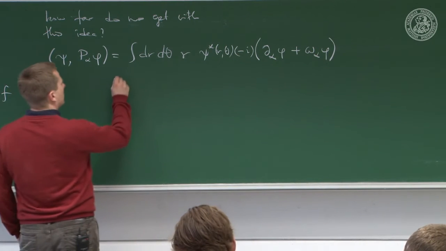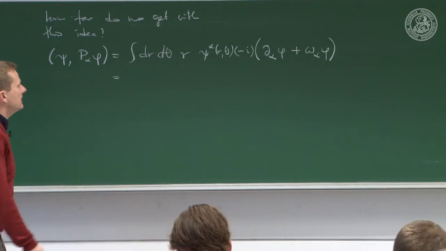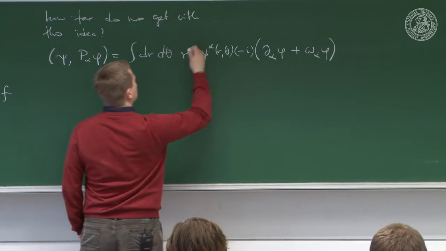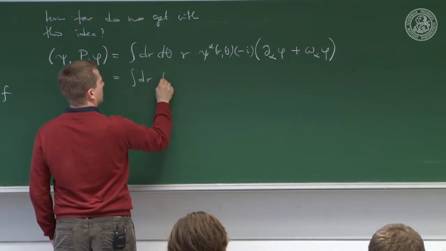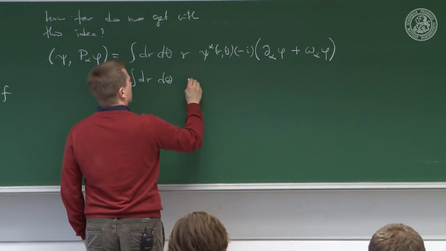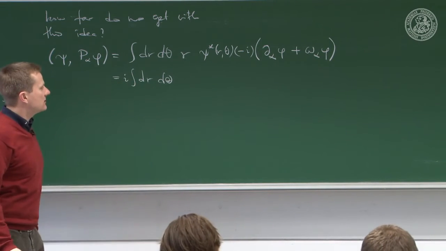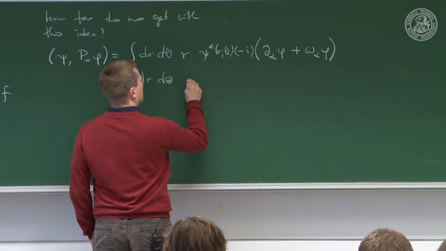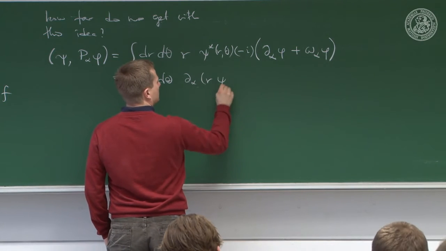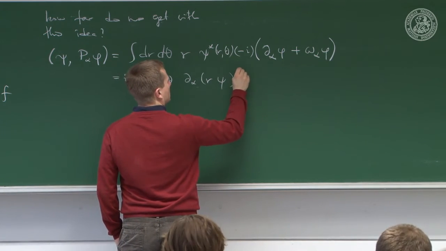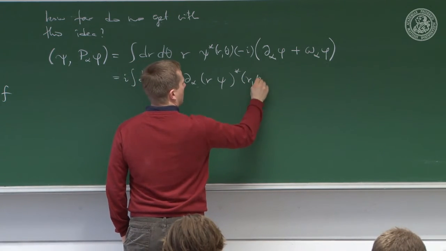And now we do precisely the same calculation. We pull this over to here. This is dr d theta. The minus I becomes an I because of the integration by parts. Del alpha r psi star r and theta.